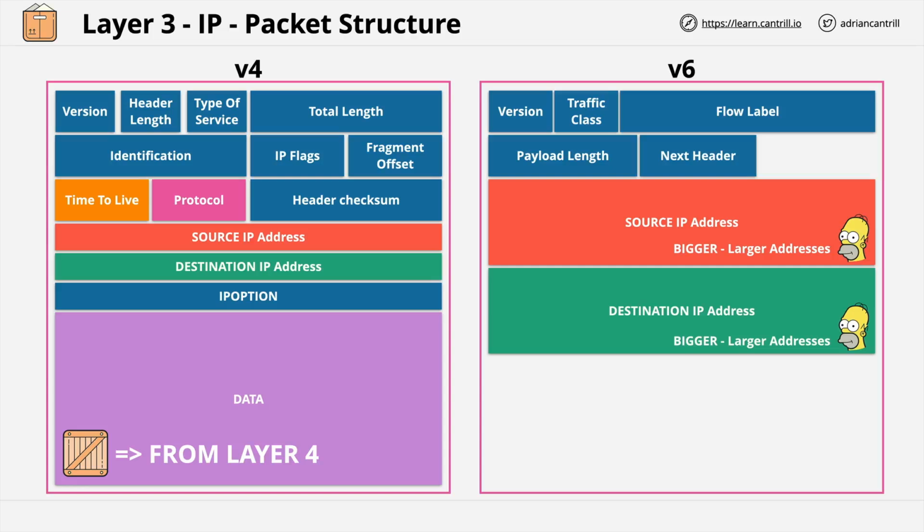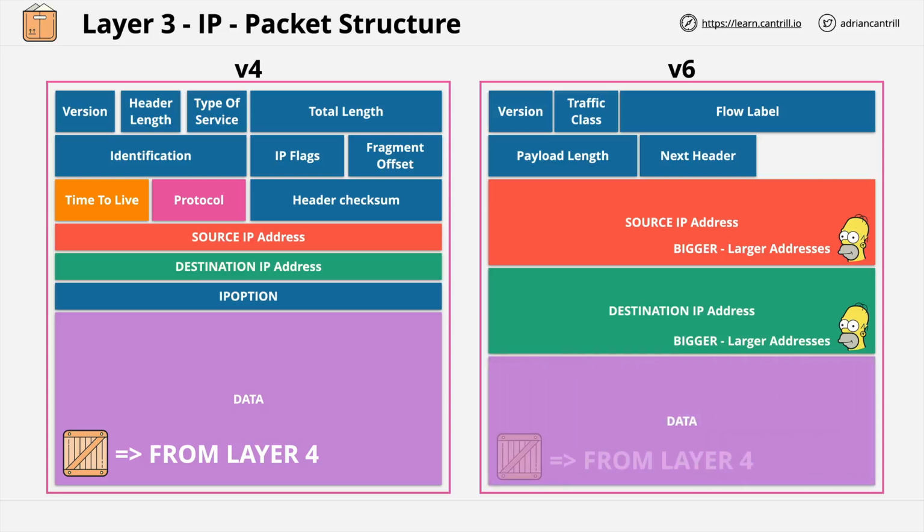And I'm going to be covering IP version 6 in detail in another lesson. It means though that the space taken in a packet to store IP version 6 source and destination addresses is larger. Now, you still have data within an IP version 6 packet, and this is also generally from a Layer 4 protocol. Now, strictly speaking, if this were to scale, then this would be off the bottom of the screen, but let's just keep things simple.